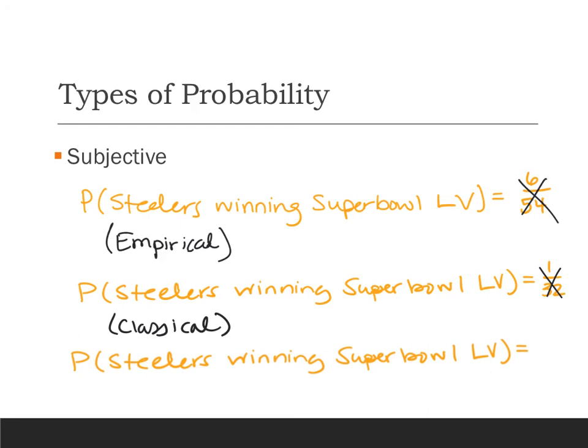So it says that the Steelers have a 0.0526 chance of winning the Super Bowl in 2021. So that would be Super Bowl 55. And of course, we don't know anything yet, they haven't started the season.